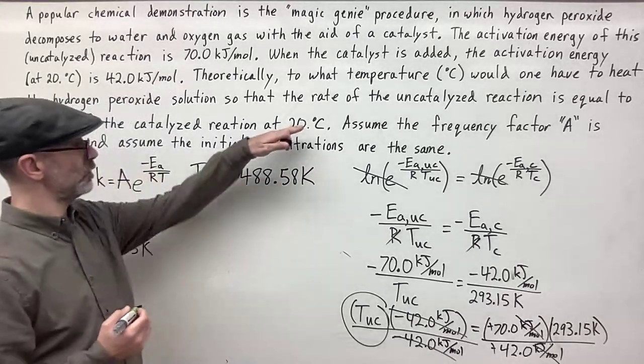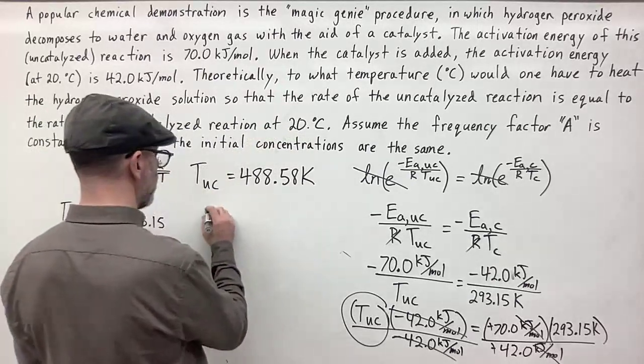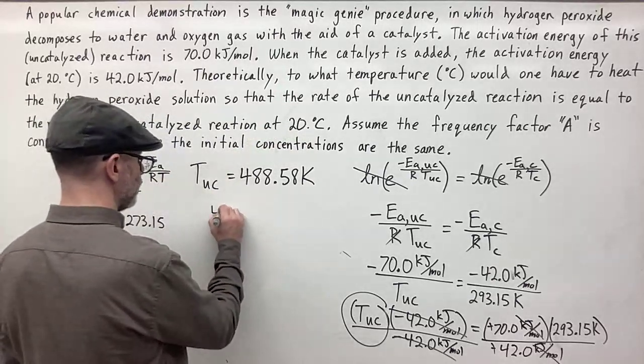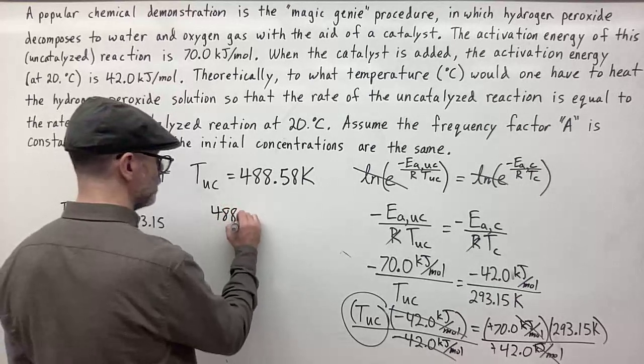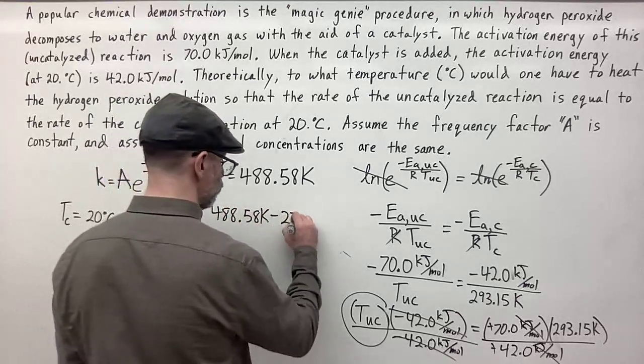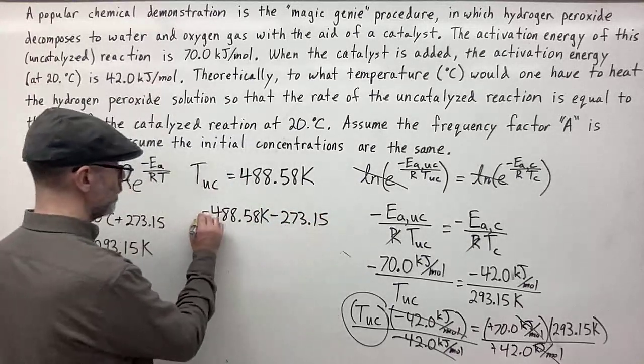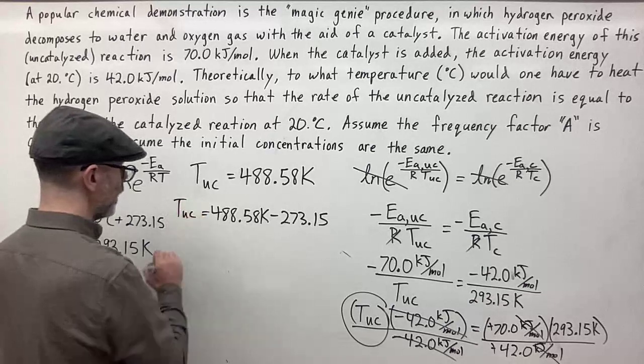They want this in degrees Celsius, so we'll subtract. That means we have to take 488.58 Kelvin minus 273.15. That's equal to the temperature of the uncatalyzed reaction.